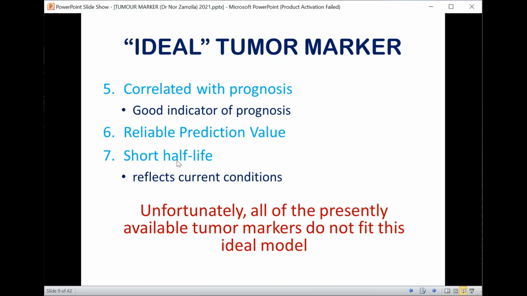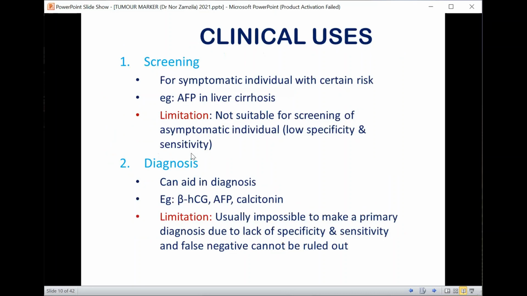However, in reality, all these ideal tumor markers are not available at the moment. So there is no one tumor marker that has all these ideal features. Okay? So that's why we have to be very careful with tumor markers, because they do not have all these ideal features. So what are the uses of tumor markers?